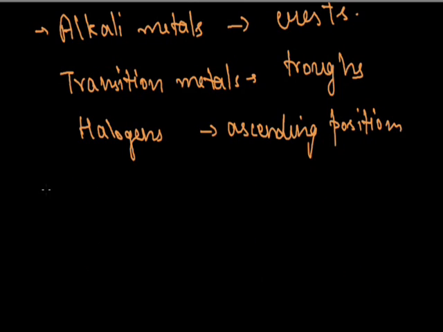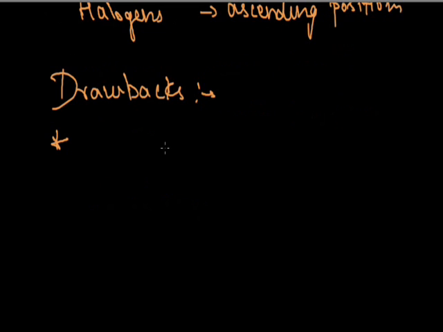There were some drawbacks to the classification given by Lothar Meyer. As we know, it is not a convenient way to classify elements. We cannot remember the exact position of the elements easily. Also, it was a hypothetical classification.